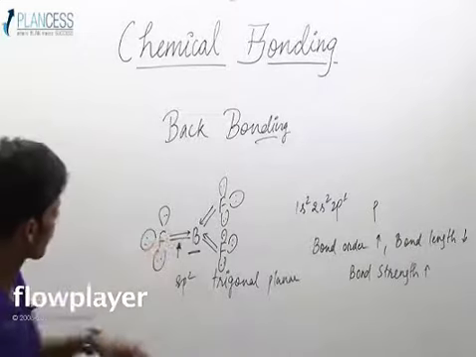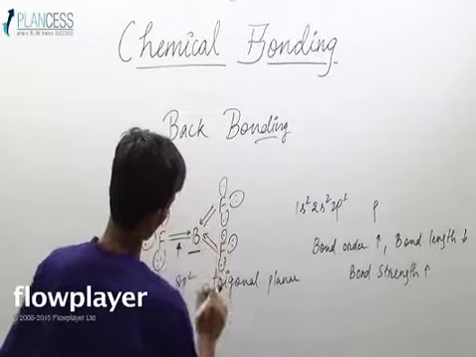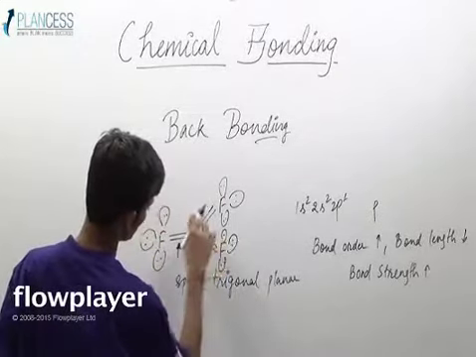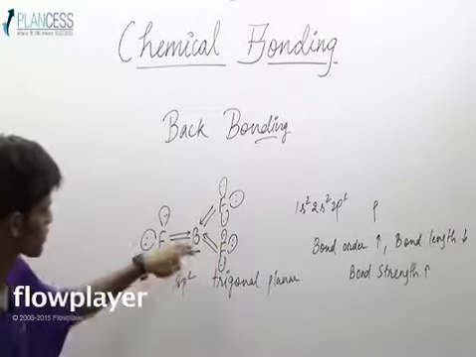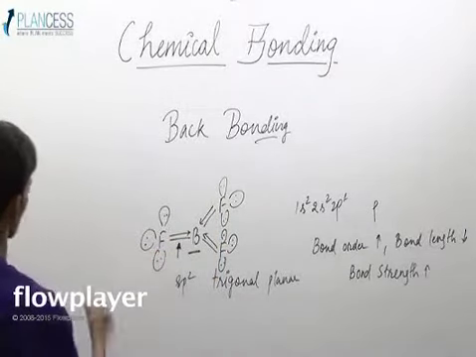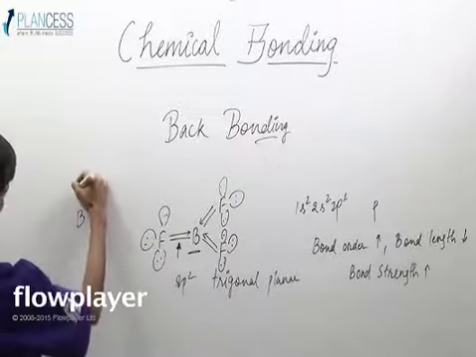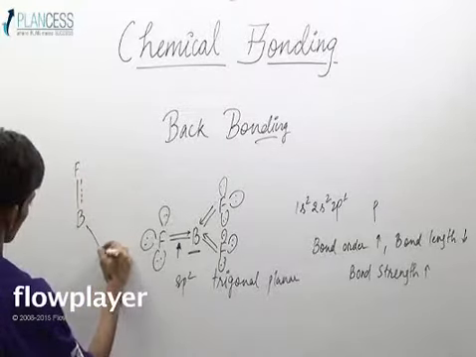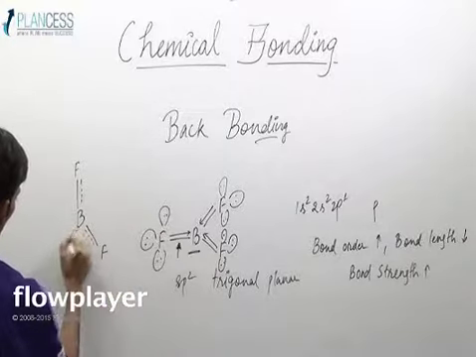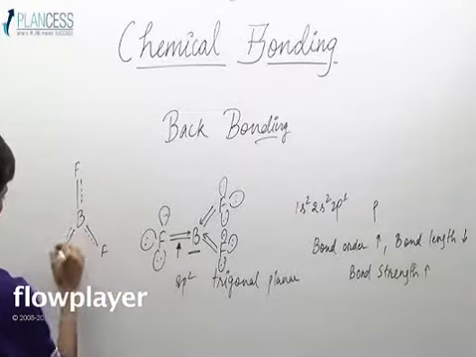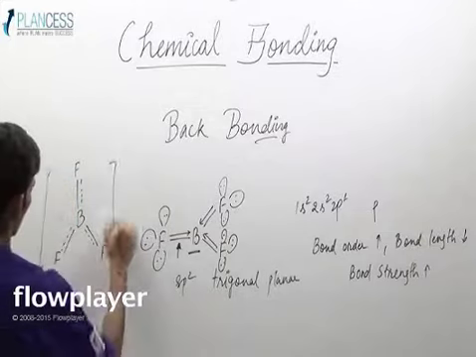So all the fluorine atoms equally resonate and give their electrons to the boron. So the final structure would be something like this, with boron and fluorine. So this would be the final structure of BF3.